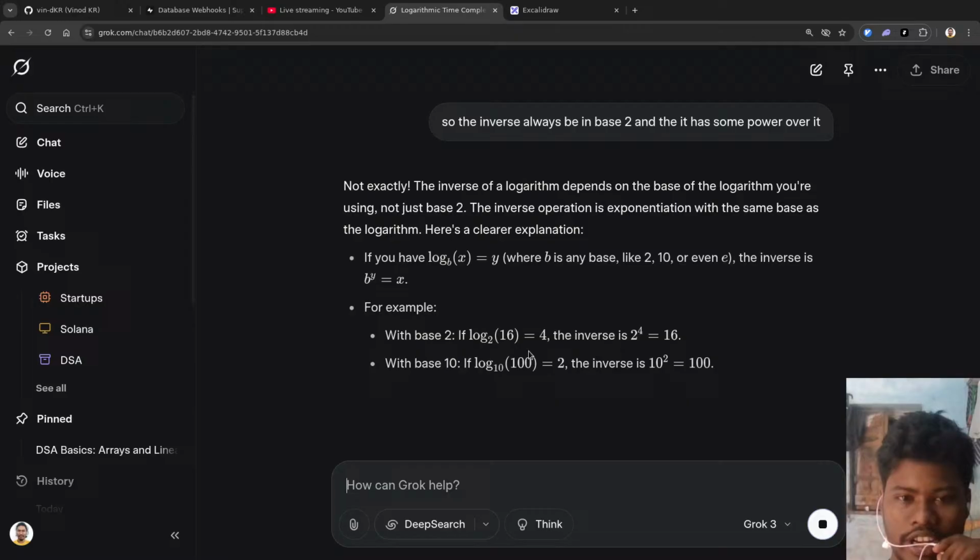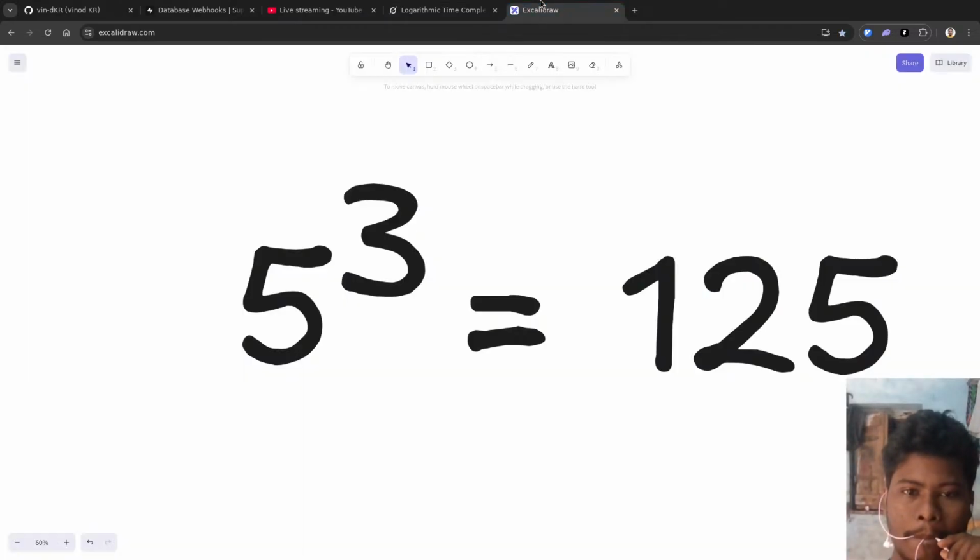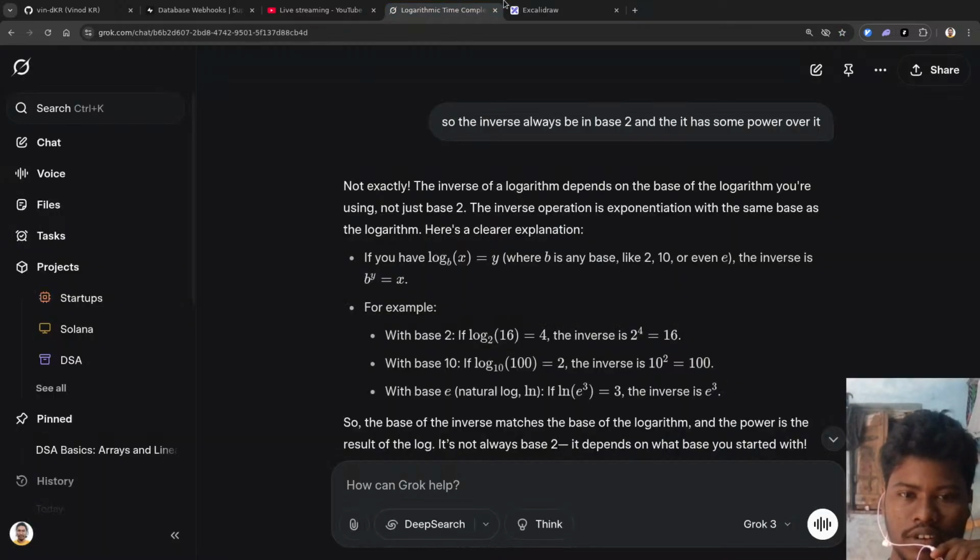Not exactly. Okay, so that's log base 5.